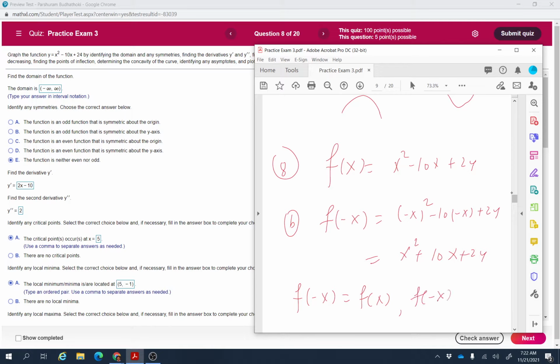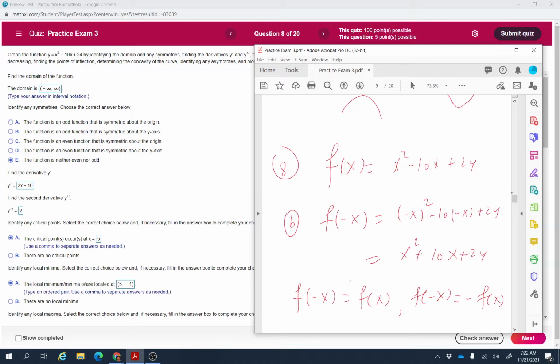If this is equal to negative f of x, then the function is an odd function, so that is the information we can find by comparing f of negative x with f of x or negative f of x. But look at f of negative x here, x squared plus 10x plus 24.